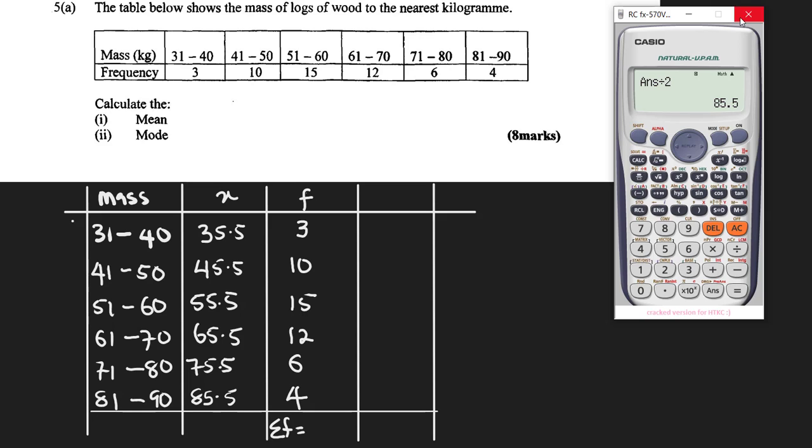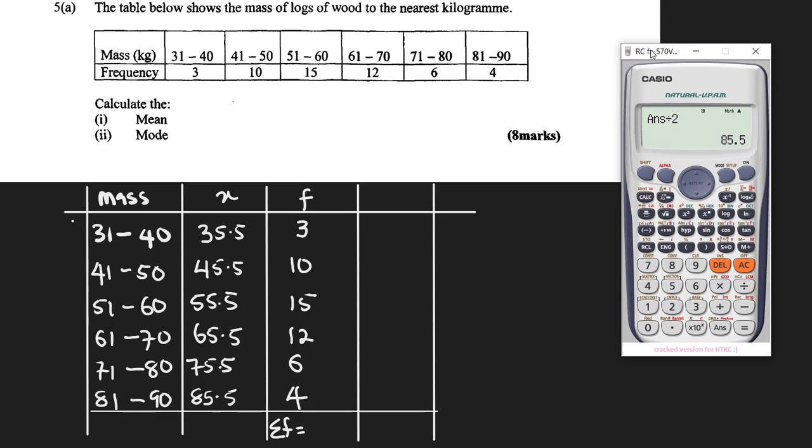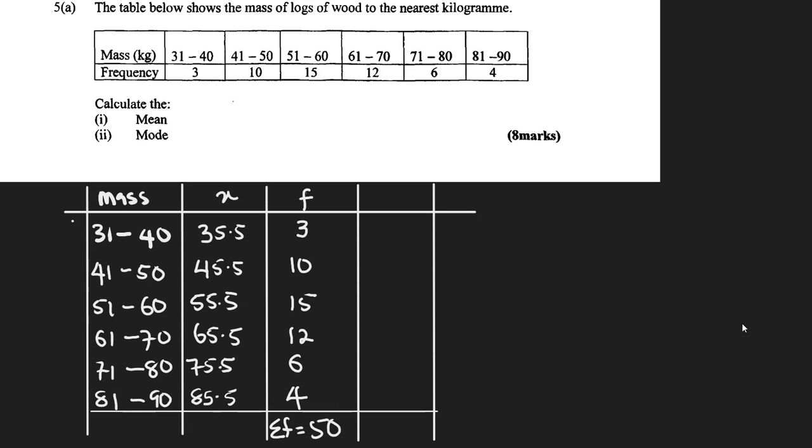We have 3 plus 10 plus 15 plus 12 plus 6 plus 4. So 50 is our frequency. So summation f is 50, right?